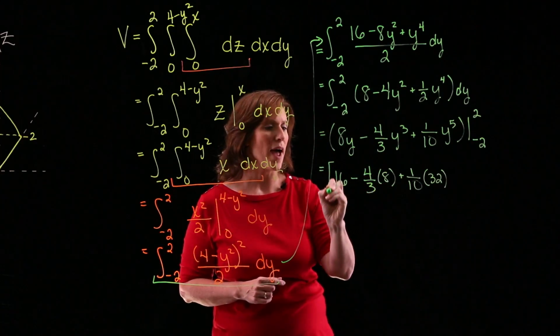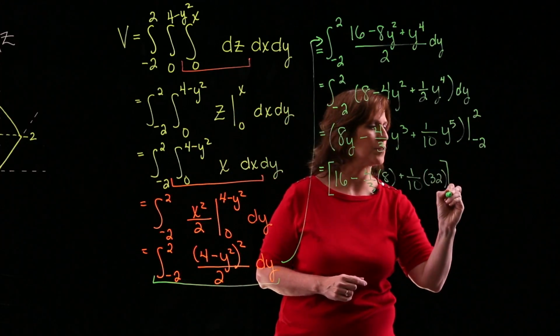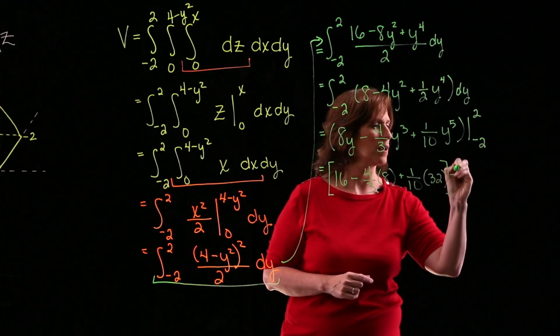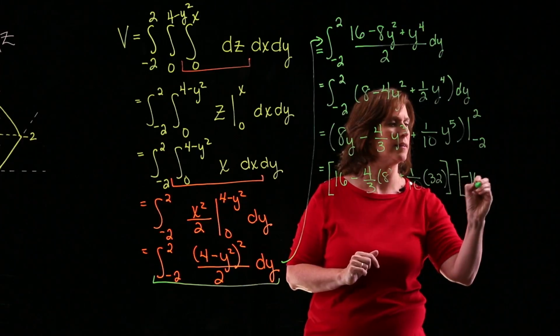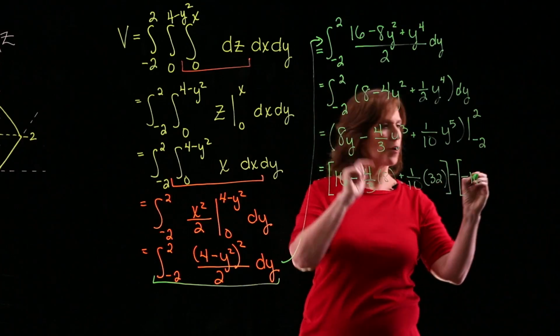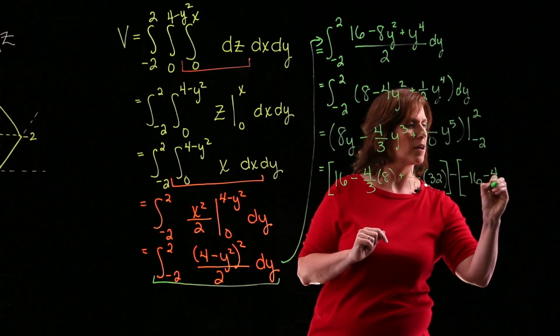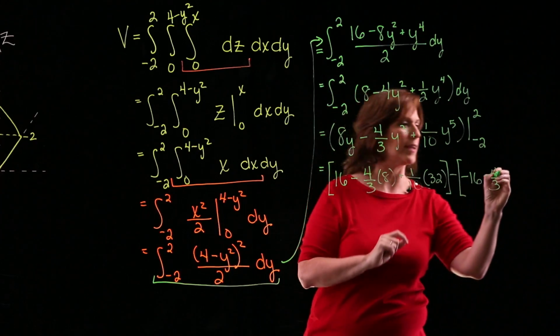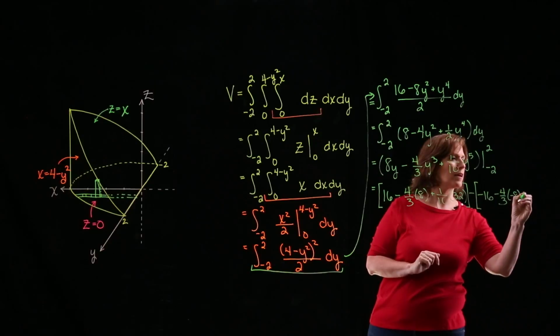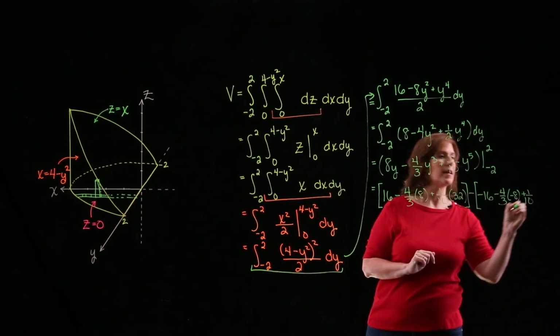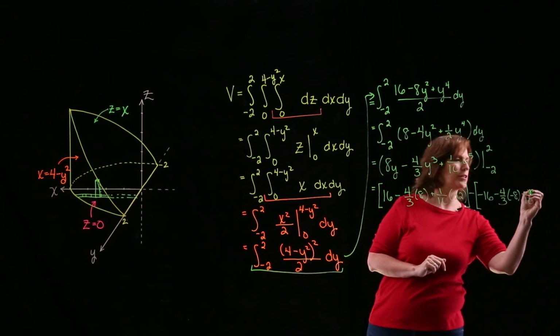Then I need to subtract what happens when I plug in the -2. If I plug in a -2, I'll have a minus 16 minus 4/3 times a -8 plus 1/10 times a -32.